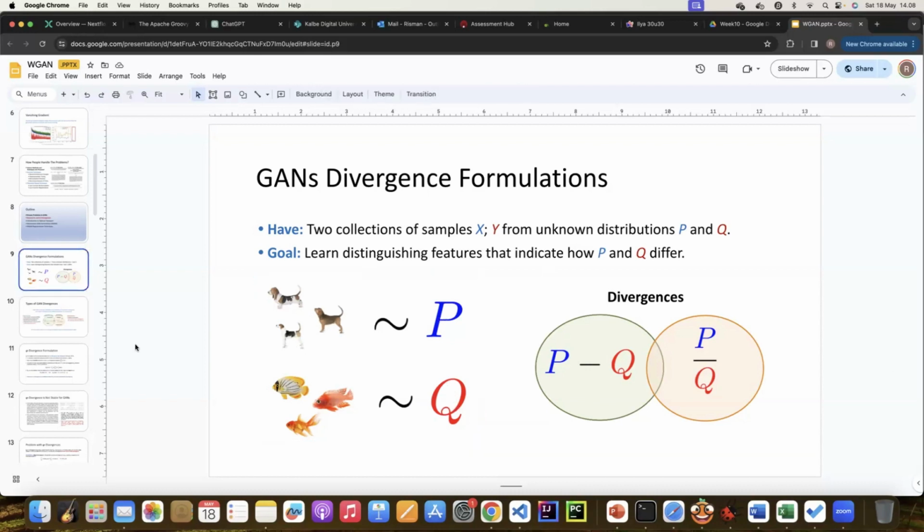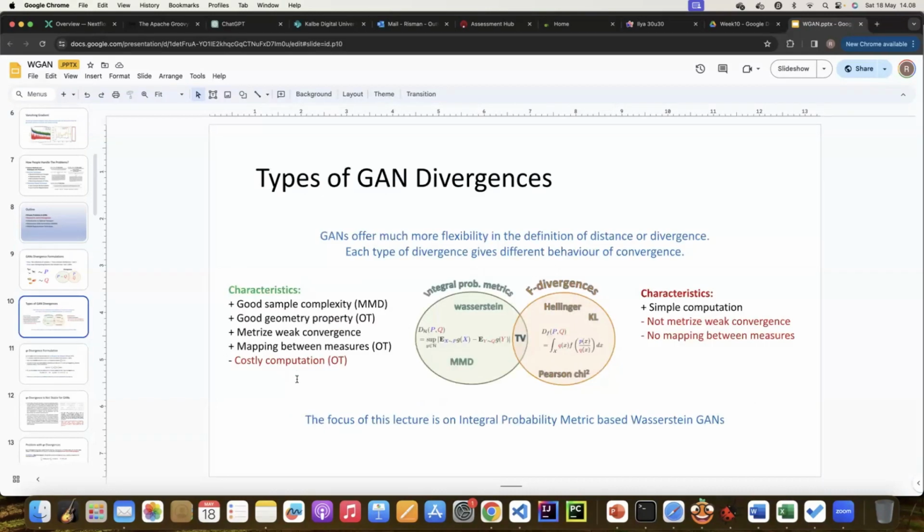there are two methods. I use the left side here, P minus Q, or P multiplied by Q to define the divergence or distance. In mathematics, the left side we call integral probability metric. This is the IPM theorem, that the distance of two probability distributions P and Q, we can find by their samples.